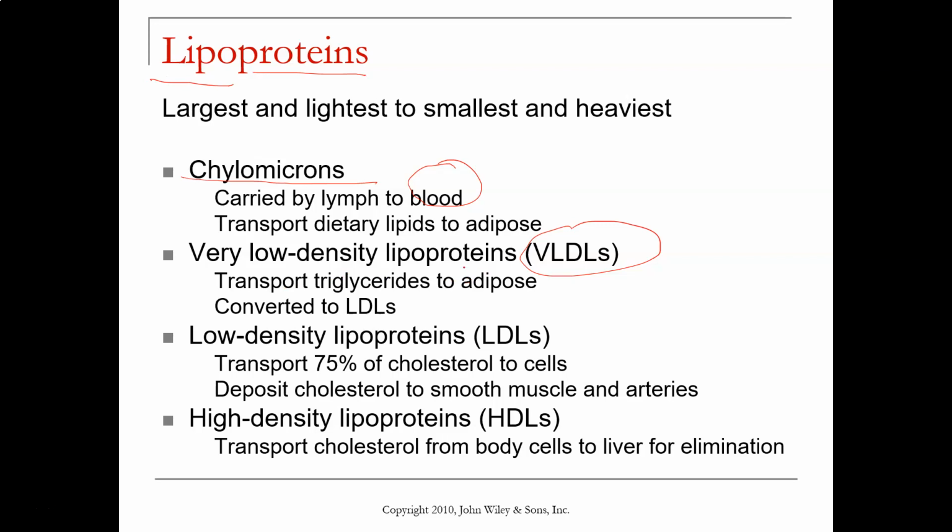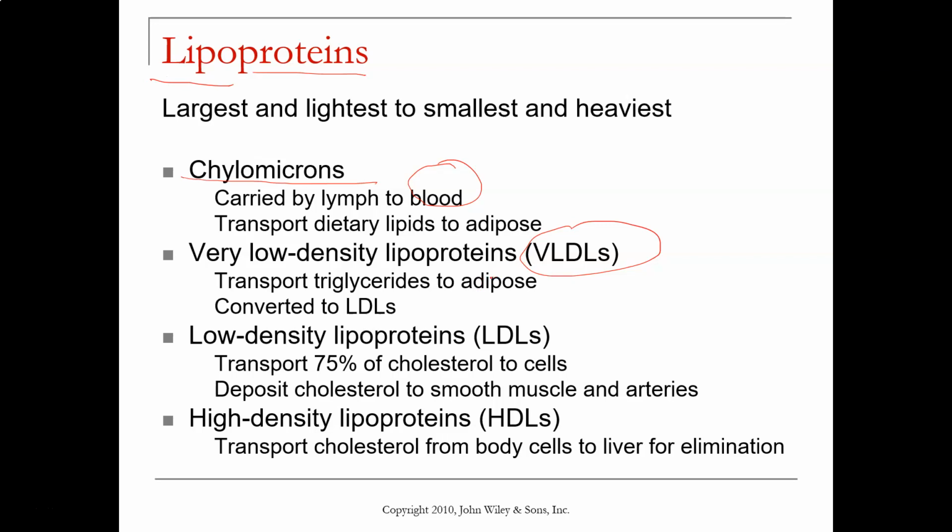The proteins that make up the VLDLs are primarily made in your liver. And so you're going to complex triglycerides with that, send them out from your liver, and your adipose cells are going to take up some of those lipids from the VLDLs. But not all of the lipids.